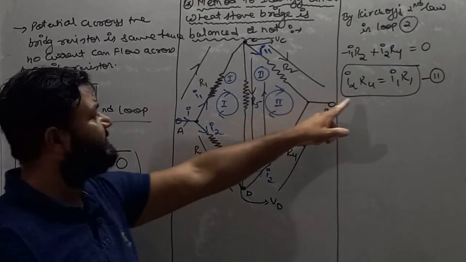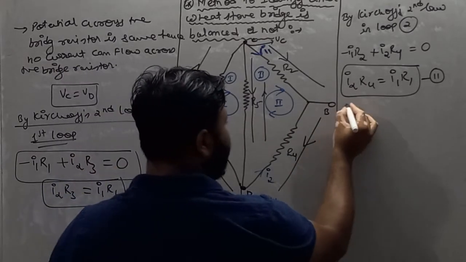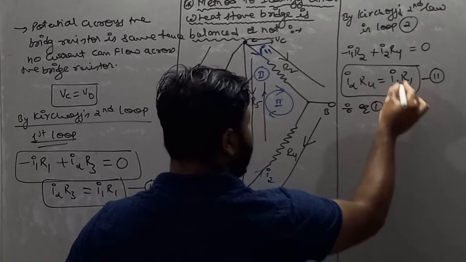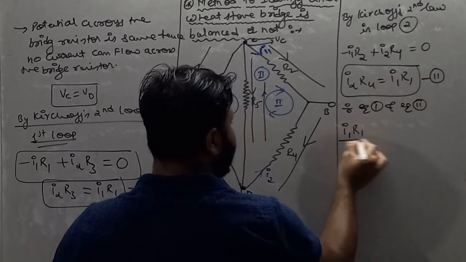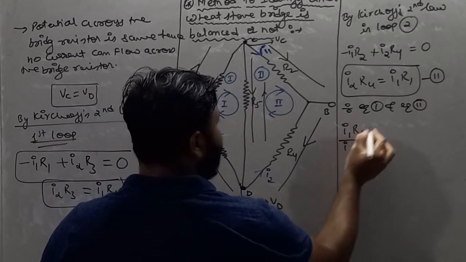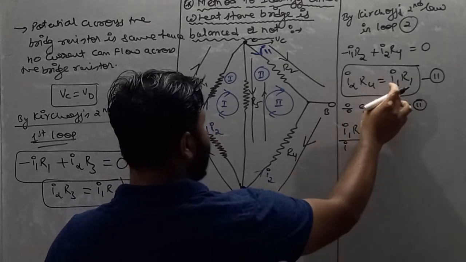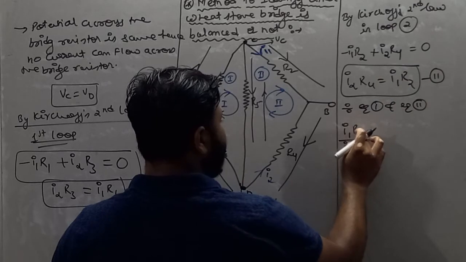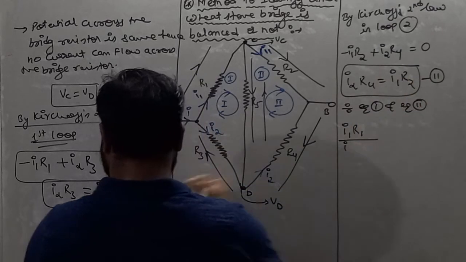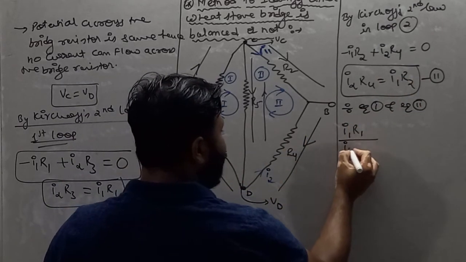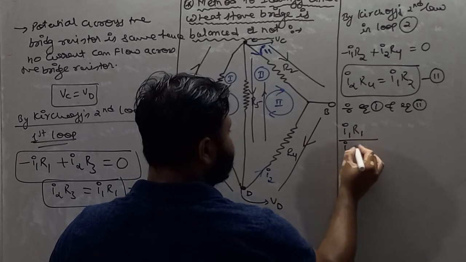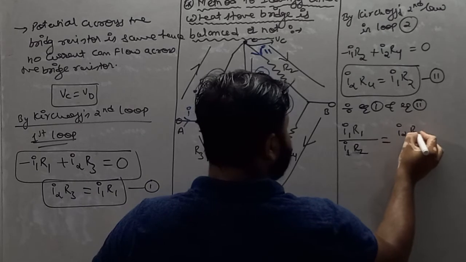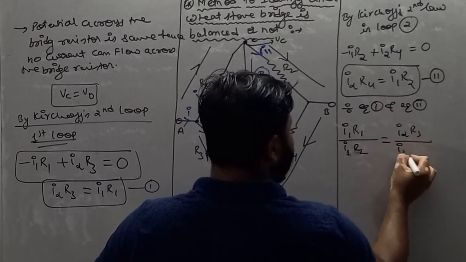Now I'll divide equation first by equation second. So I1 R1 divided by I1 R2 is equal to I2 R3 divided by I2 R4.